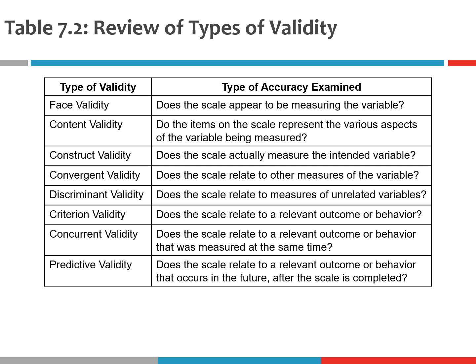The two types of criterion validity are concurrent validity, which is, does your scale correlate with behaviors that are indicative of what you're trying to measure, and that is done at the same time. And predictive validity is, does your scale predict future behavior, something down the road?